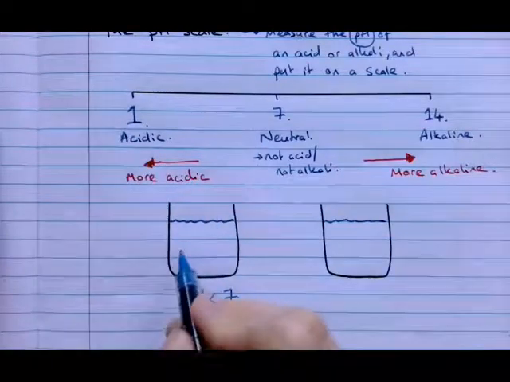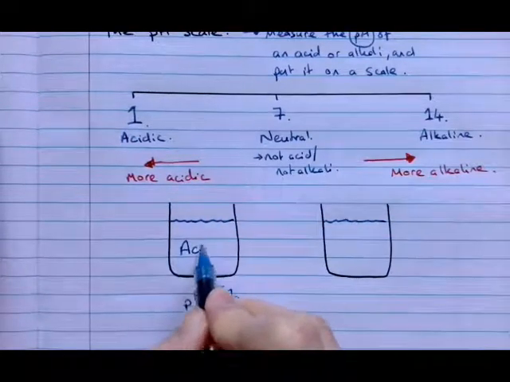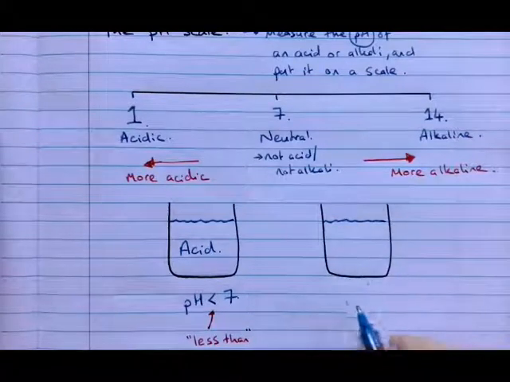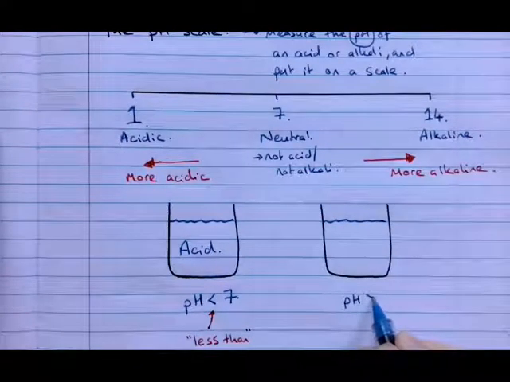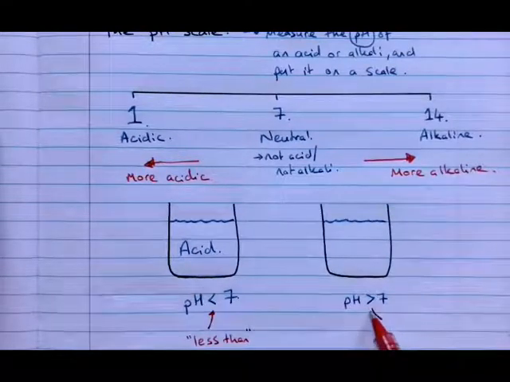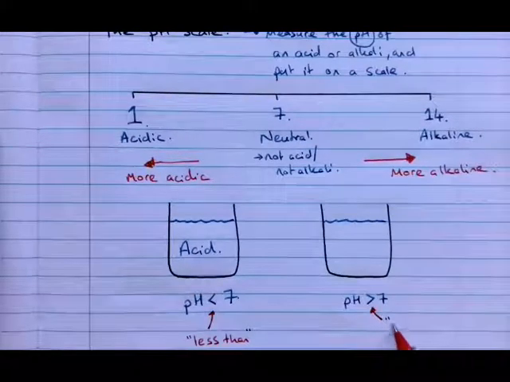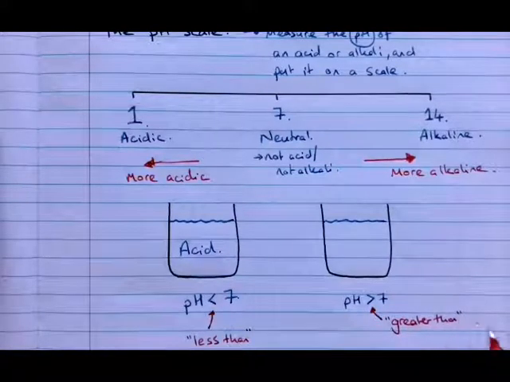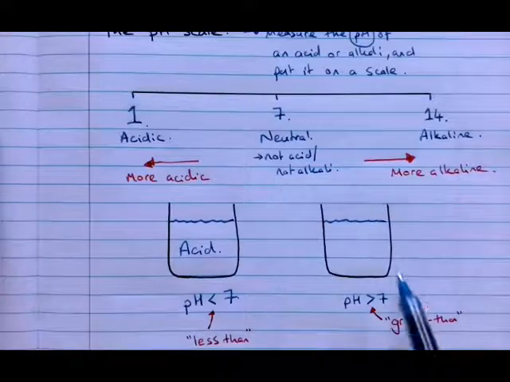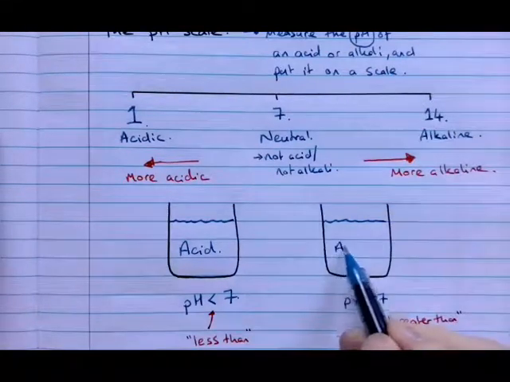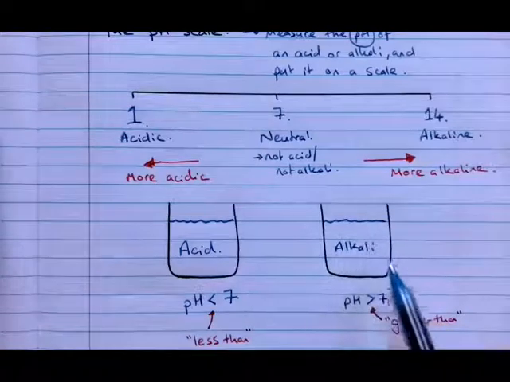So it means that here I've got an acid. All right, and if I've got this solution and my pH is above 7, remember this symbol here means greater than, then it means that I'm at this end of the scale, and what I've got in this solution is an alkali.